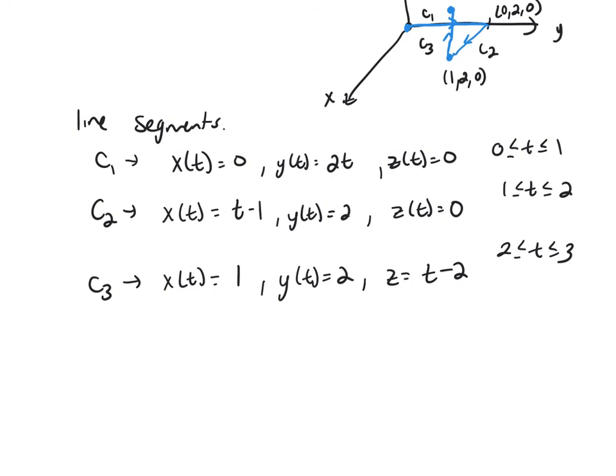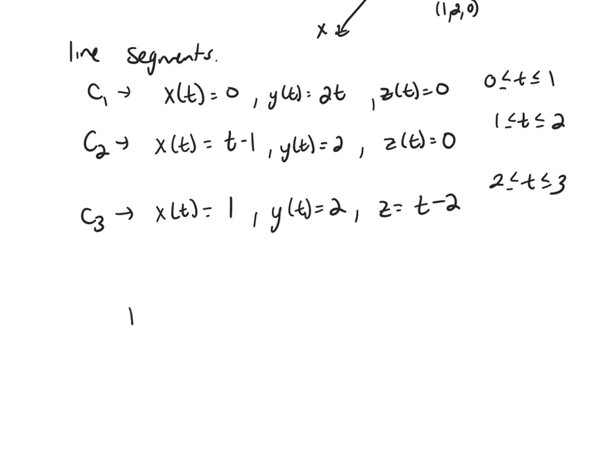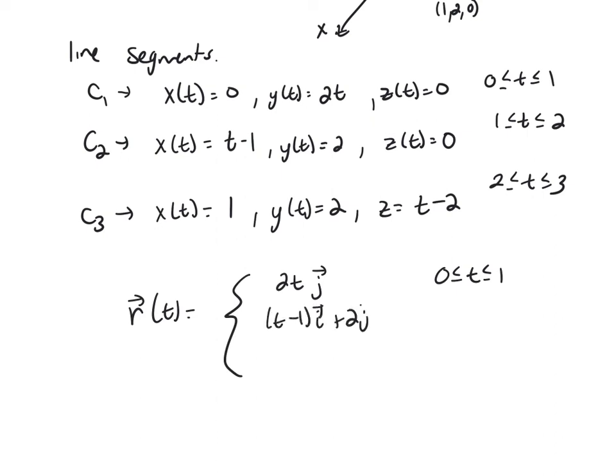So you can describe this curve C by the following. You can describe it by 2t j, where t is between 0 and 1. You can describe it by (t minus 1) i plus 2j, where t is between 1 and 2.